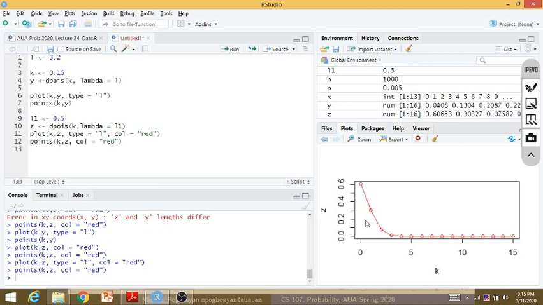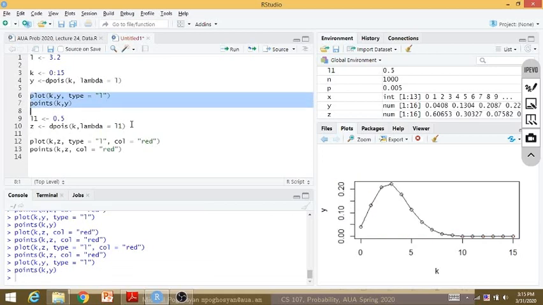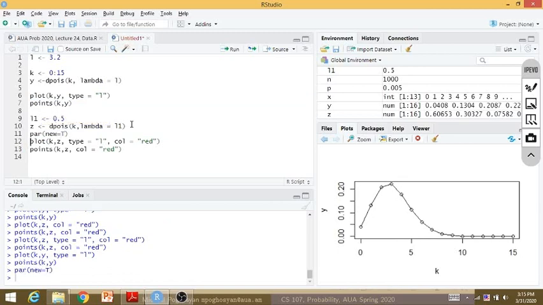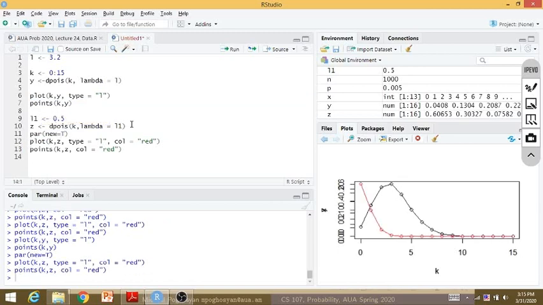If I want to have them in the same graph, first I need to keep the previous graph. So I'm running these two. Then I'm adding a parameter new is equal to true. So this is keeping the old graph and doing this.